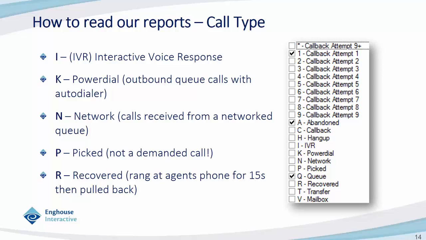This is how it can transfer from one to the other without it being an external transfer. A picked call, well, that's something that I haven't seen very often either. It's with the NEC PBXs, and that allows people to punch in a code and it requests the call over to their phone.